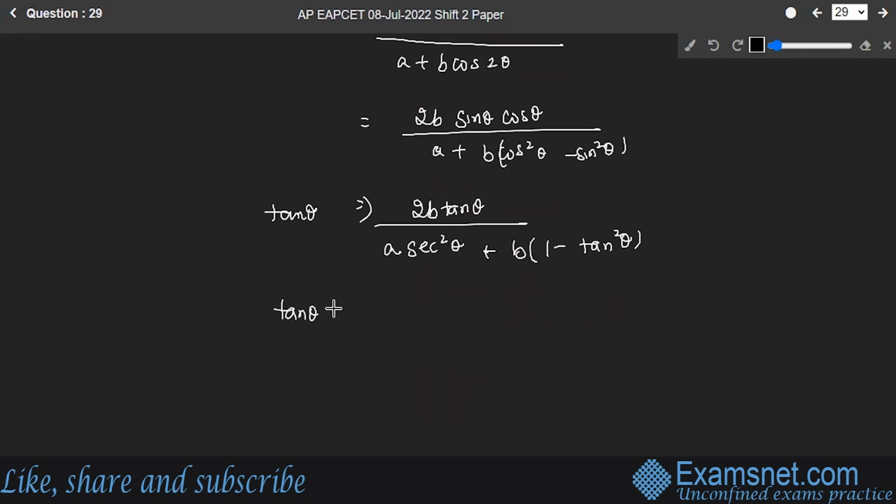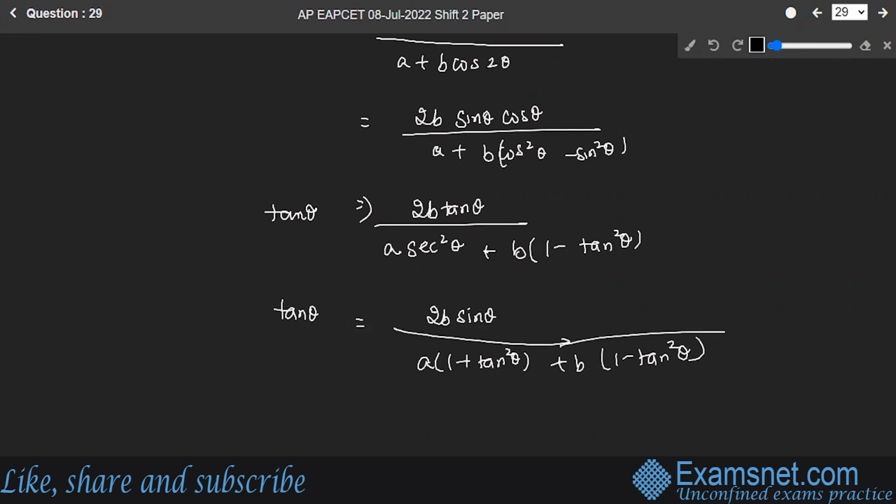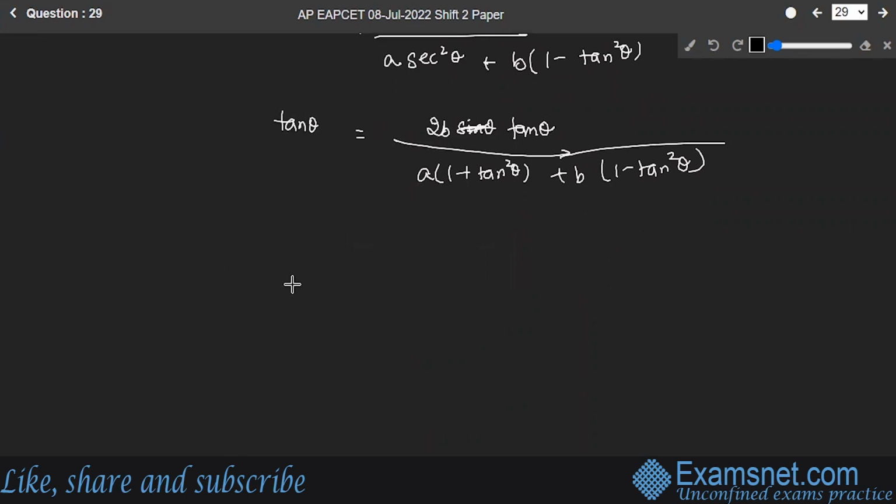So tan theta is equal to 2B tan theta upon A, secant square can be written as 1 plus tan square theta, plus B into 1 minus tan square theta. Sorry, here it was tan theta, not sine theta. Right. So this is tan theta.